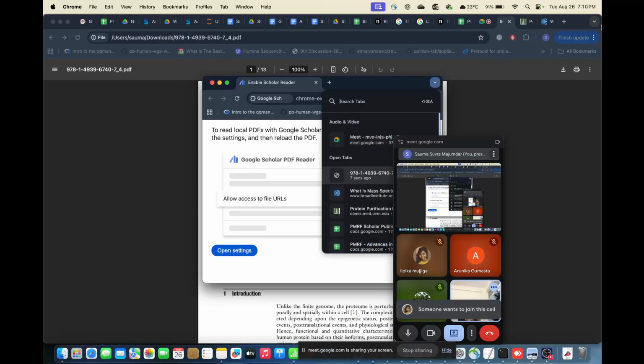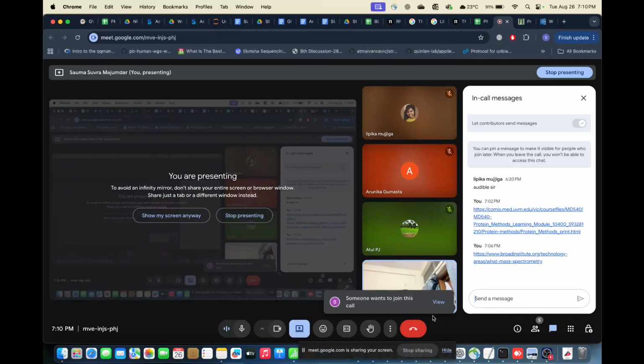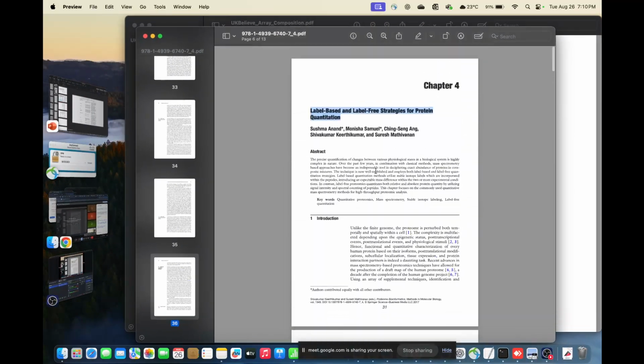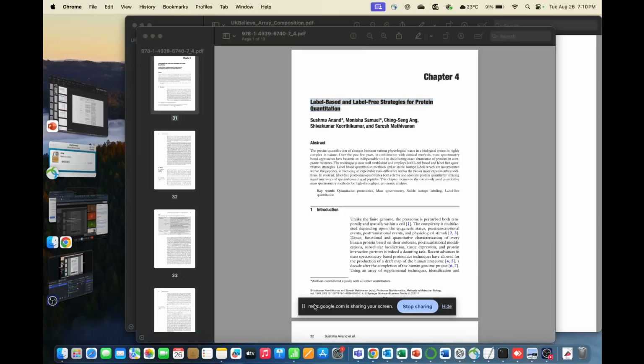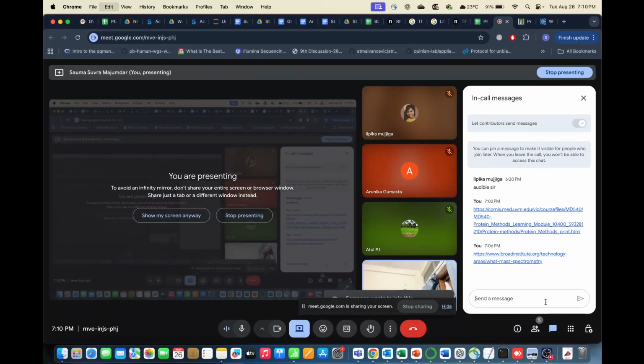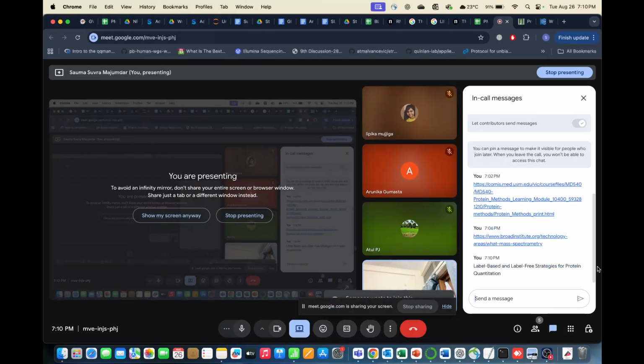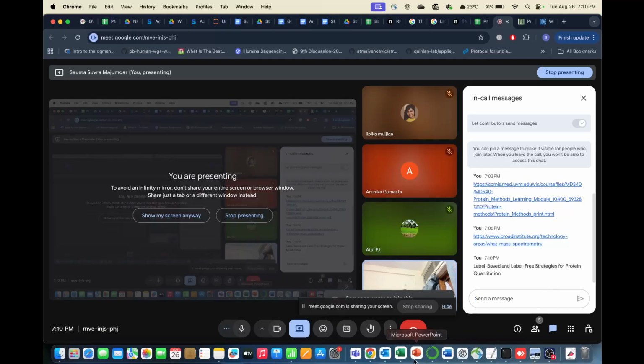No, it does not support sending PDFs, but I'll share the name of the paper here. I don't think this is available freely, but if you can get hold of it, please take a look. This is a book chapter, not a paper.